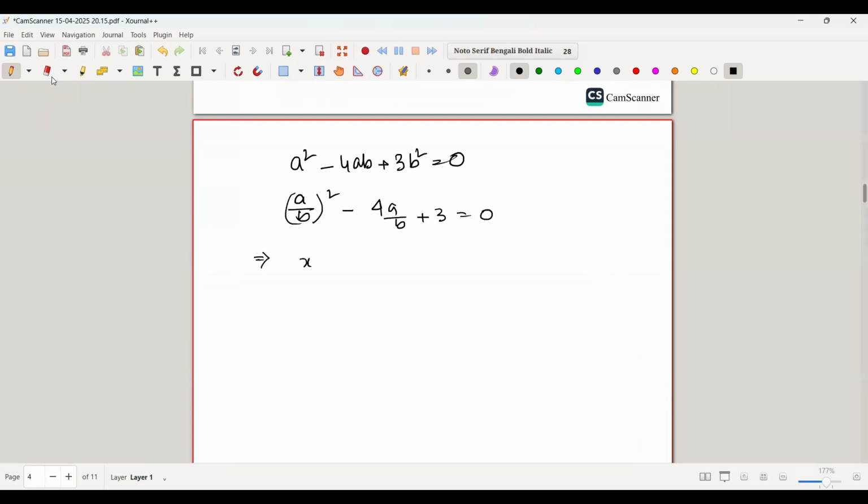Let us take A by B equal to x. So x square minus 4x plus 3 equal to 0.